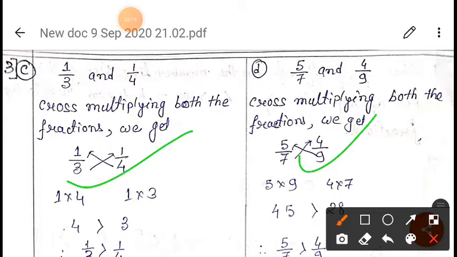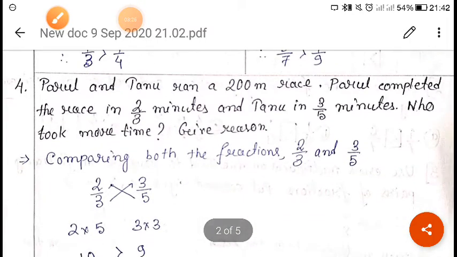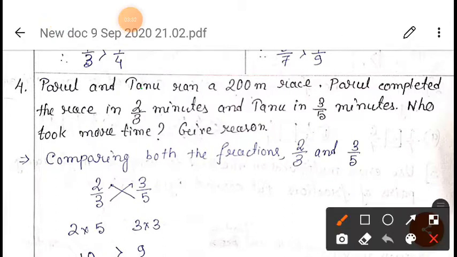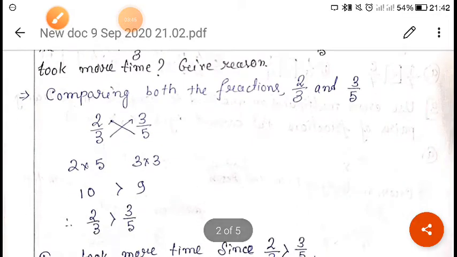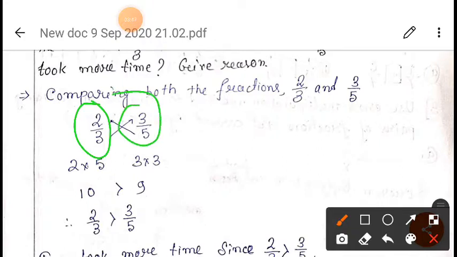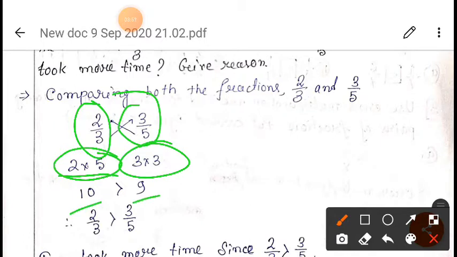Now we will see question number 4. Parul and Tanu run a 200-meter race. Parul completed the race in 2 by 3 minutes, and Tanu in 3 by 5 minutes. We have to compare who took more time, so we do cross multiplication: 2 into 5 and 3 into 3, we get 10 and 9. So 2 by 3 is bigger here.